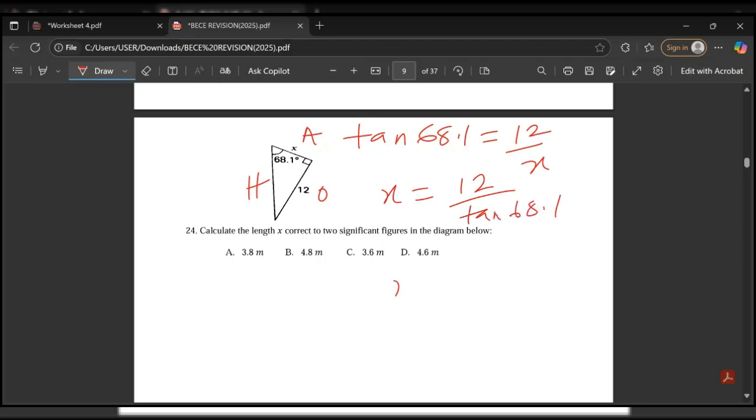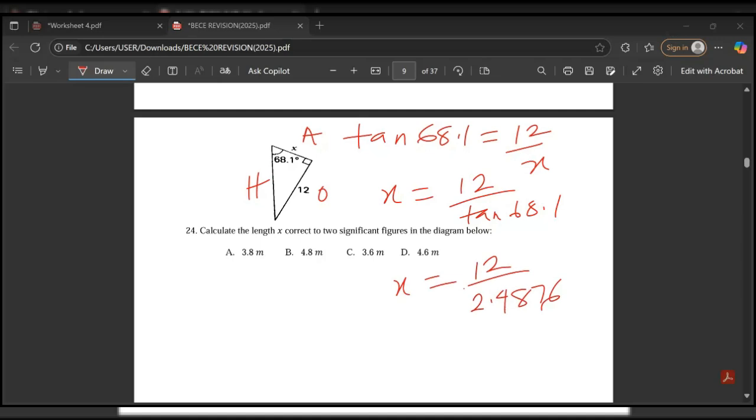Then x equals, let's find tan 68.1. Tan 68.1 will be 2.4876.